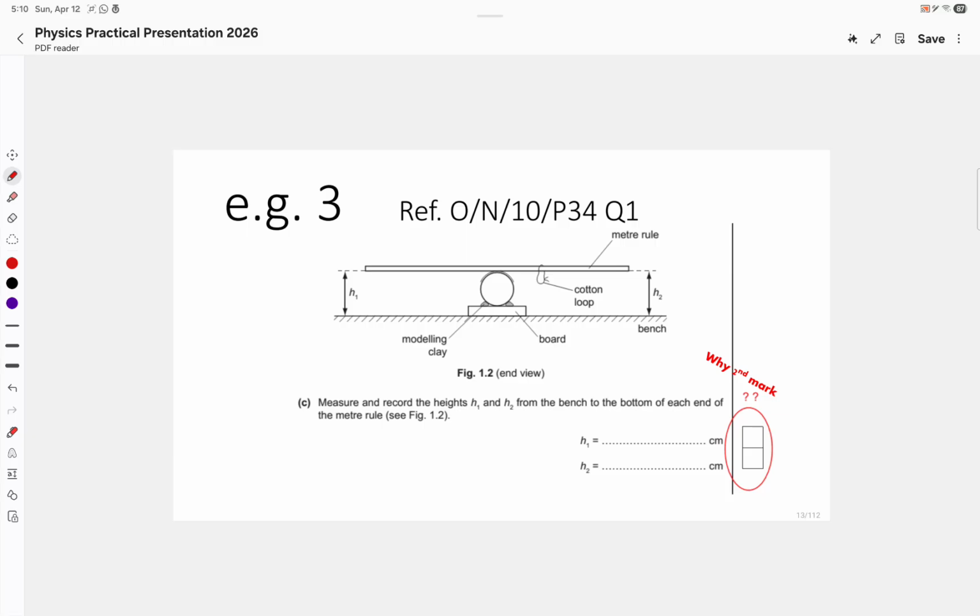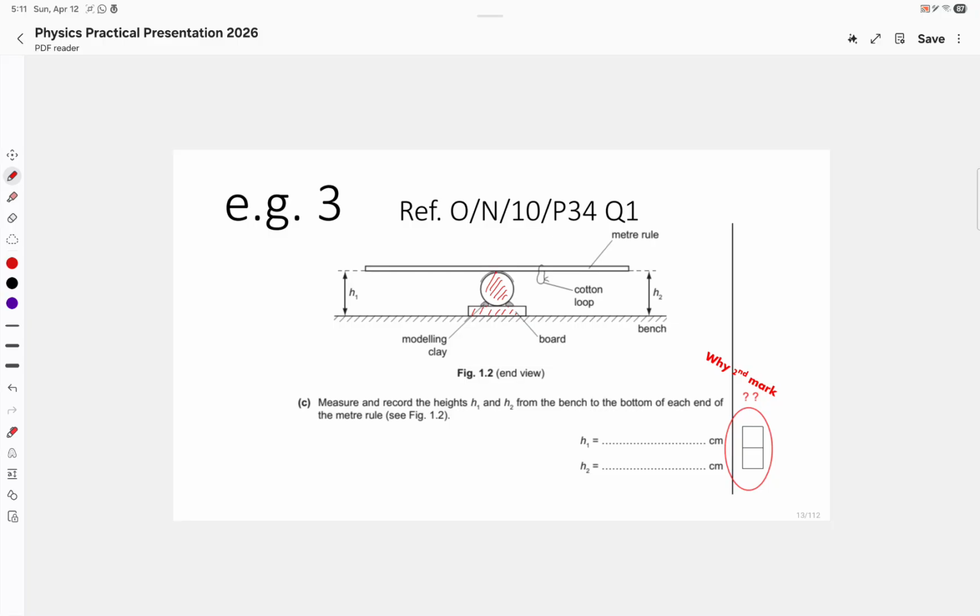A wooden strip, which is in fact a meter rule, was provided and has to be mounted on a beaker. The beaker was placed on a board and fixed with modeling clay so that it won't deviate here and there. Then you put a meter rule over that beaker and try to balance it. All these details are given in the question paper.